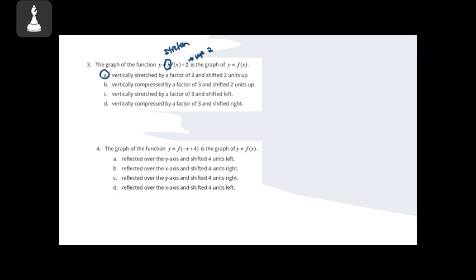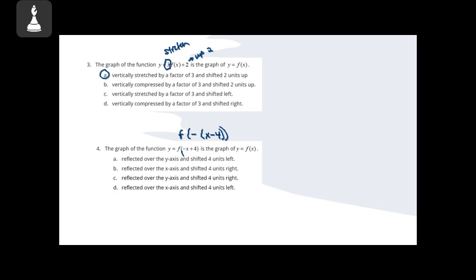Next one, the graph of the function f(-x + 4). So again, that's that one where we can't just have negative x plus a number inside here. We have to rewrite that as the opposite of the quantity x minus 4. It always has to be the opposite of a quantity. We can't just have negative x and then plus something.